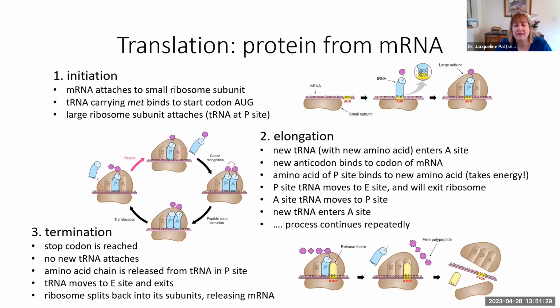And so what happens then is the amino acid chain is broken off of the transfer RNA. The transfer RNA moves to the E site, it gets ejected, and now we have a free floating in the cytosol amino acid chain. The ribosome splits back up into its small and large particles, and the messenger RNA breaks off the small subunits as well.